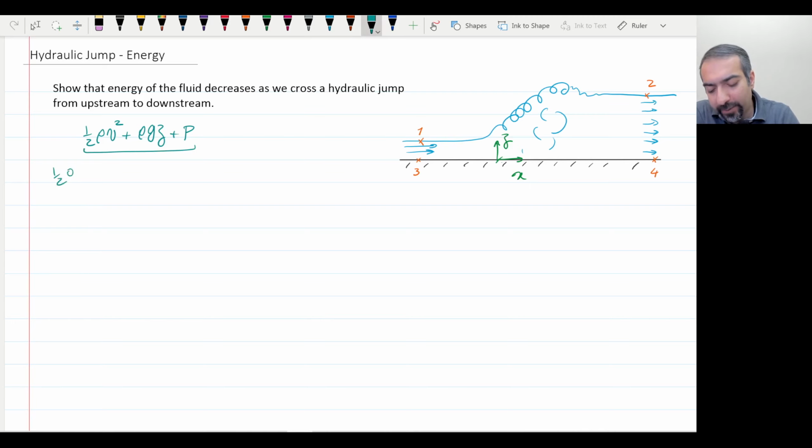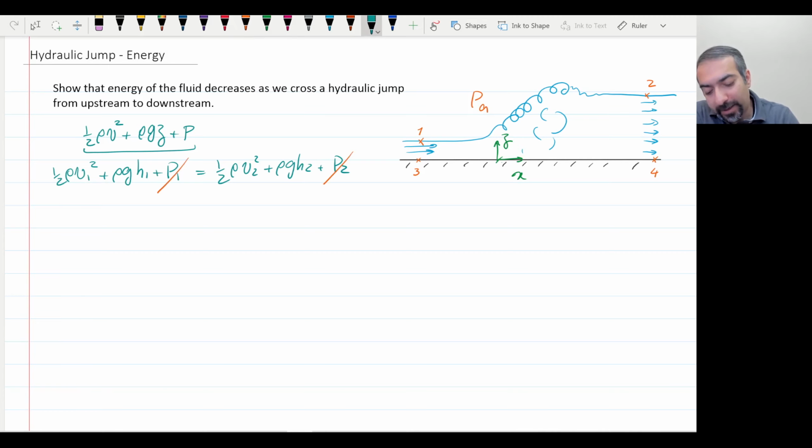So I have 1/2 rho v1 squared plus rho g z1, which is h1, plus p1. That is compared with 1/2 rho v2 squared plus rho g h2 plus p2. But 1 and 2 are both on the surface, so the pressure is atmospheric pressure, and therefore these can be cancelled.